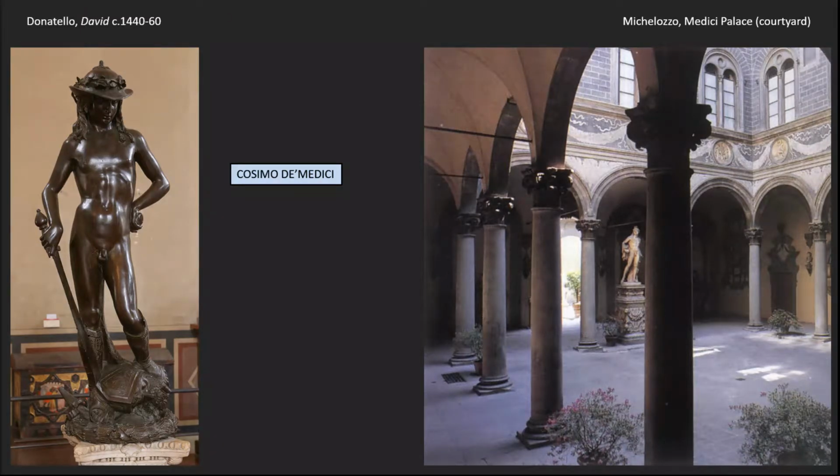Now, they're also supporting other works of art simply for themselves, right? So another work of art that was done for Cosimo de' Medici is the famous David by Donatello. If you've done worksheet number 4, right, on Or San Michele, we've encountered Donatello.